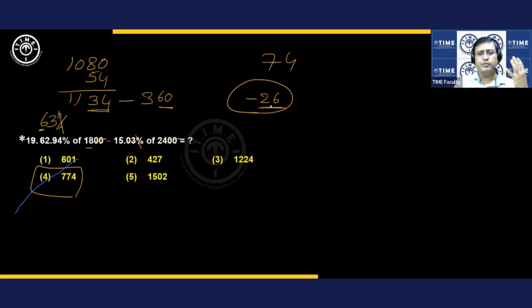What is the complement of 26? 74. Complement means 26 plus how much will give 100? 74. Which option ends with 74? Only option 4. I am observing the last two digits. So my answer should contain 74 in the last two places. So the right choice is option number 4.